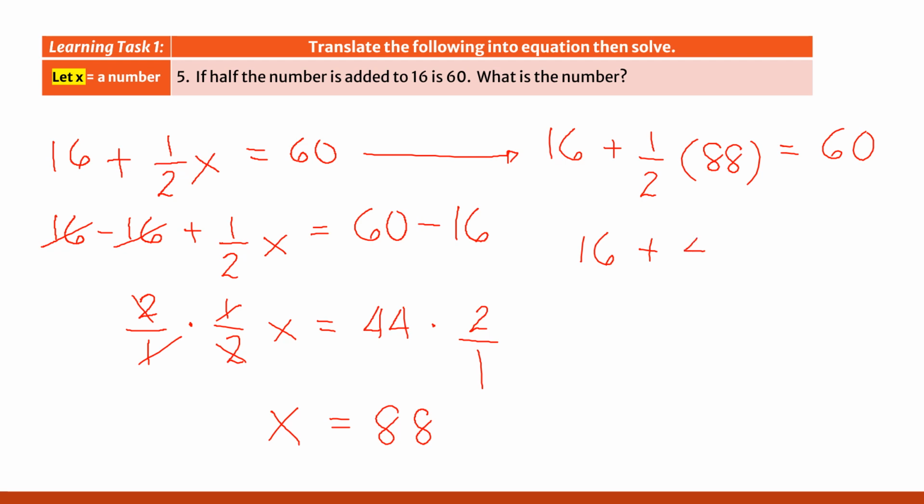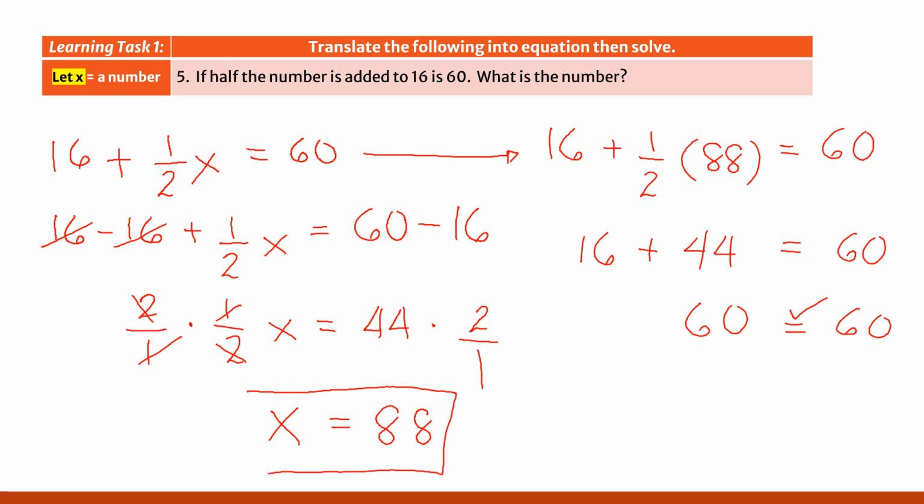Of course, it is 44. Then equals 60. So what is 16 plus 44? Obvious, that is 60. And 60 is equal to 60. Which of course, tama naman. Ibig sabihin, in problem number 5, the unknown number is 88.